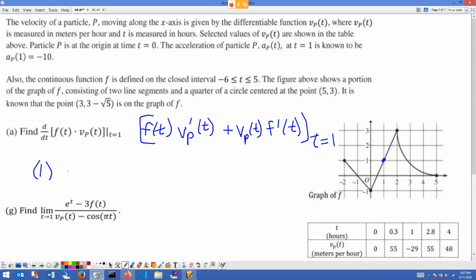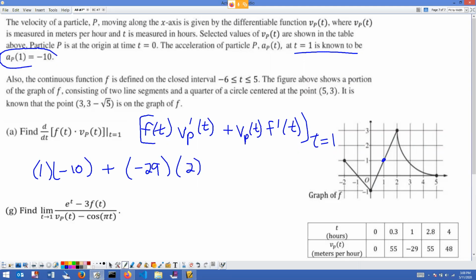V sub p prime at 1: at t equals 1, it is known that the acceleration, which is v sub p prime at 1, should be negative 10. So that's negative 10. And then we know that v sub p of 1 is negative 29. And f prime at 1 is just the slope of this line, which is a rise of 2 and a run of 1, so 2.